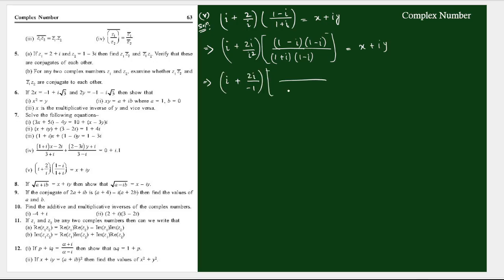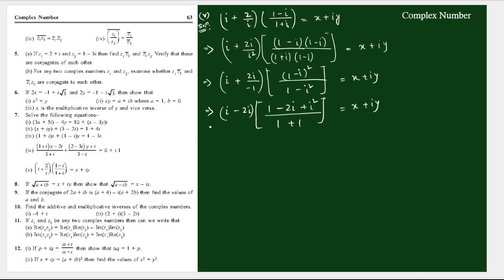Then here we have got 1 square is 1, i square. 1 minus i minus 1 minus i whole square. So i minus 2i. 1 plus 1, right? Then this is your 1 square minus 2i plus i square. This is your x plus iy. So i minus 2i.